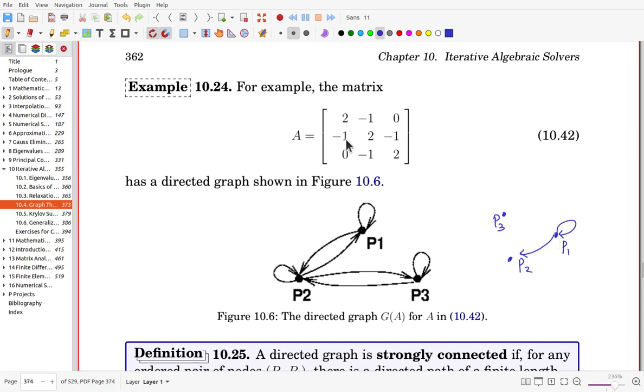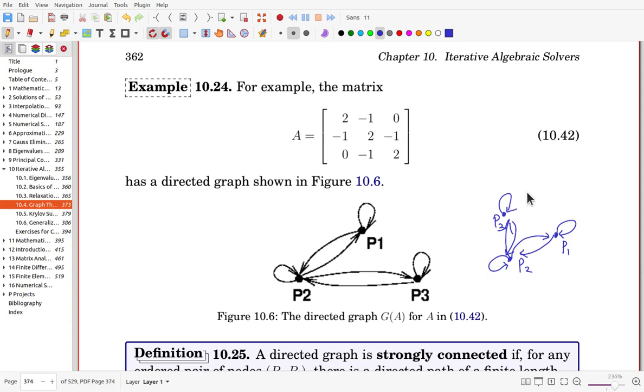For the second row, there is A21, so from 2 to 1, then 2 to 2, and 2, 3 is non-zero, so we make that one. For the third row, A32 is non-zero, so we can make an arrow like that, and then A33 like that.